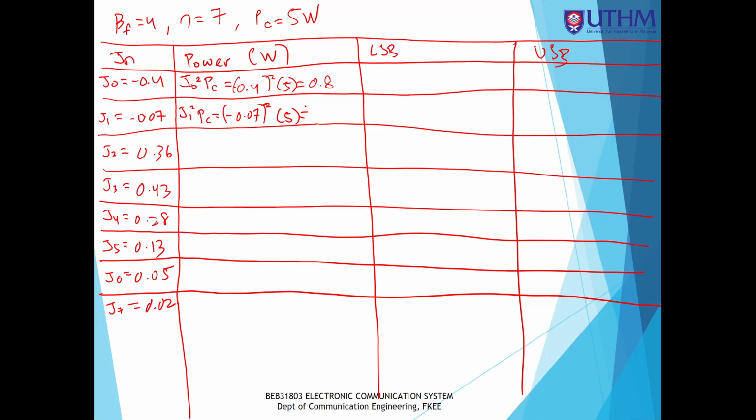This is 0.0245. Okay, and then 0.36 squared, so J2 squared PC, this is 0.36 squared times 5, so this is J2, 0.648.